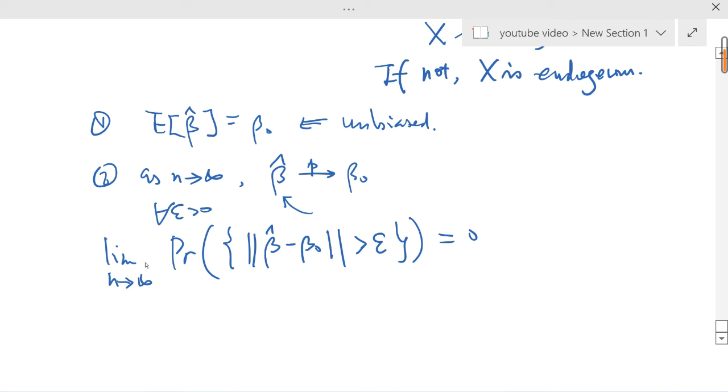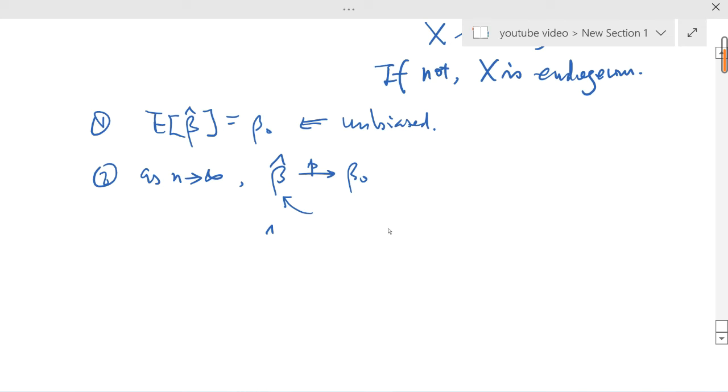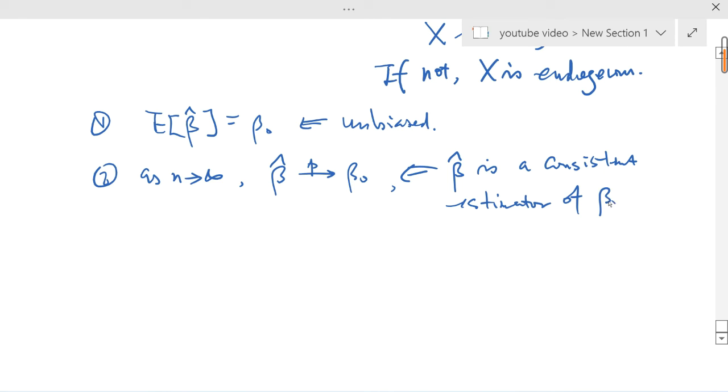That's what I mean. So let's check whether, as n increases to infinity, beta hat converges in probability to beta 0. And if that's the case, we call beta hat a consistent estimator of beta 0.